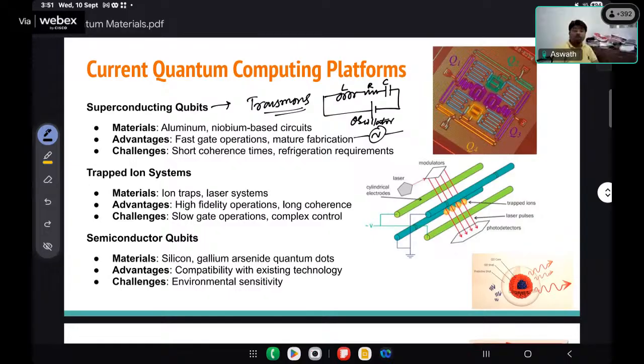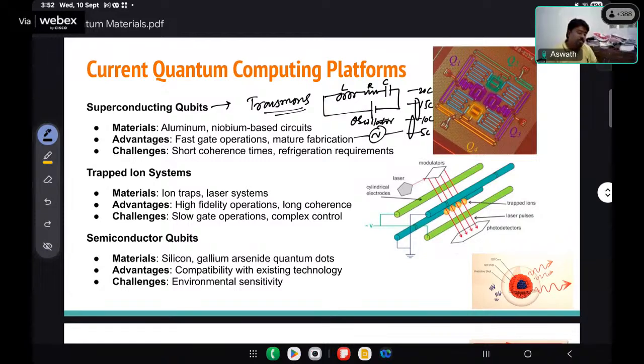Since these are quantum states, I can realize a qubit out of it. If I try to realize a qubit out of two of these states, there is always a chance that qubit information is lost to the other two states, because they are also equally spaced by energy, by charge.